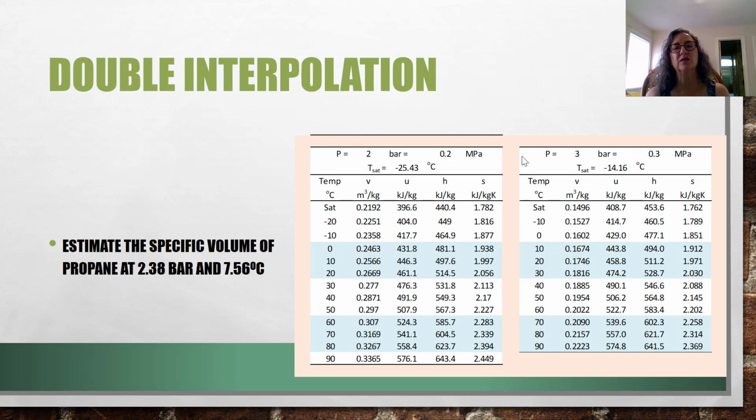In this case, we use what's called double interpolation, meaning I'm interpolating in 2 variables, but it's going to require 3 steps of interpolation.